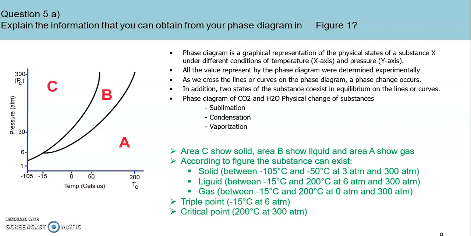So all the values were determined experimentally, and as we cross the line or curve of the phase diagram, a phase change will occur. So from C to B, from B to A, everything will involve energy, and the phase change will occur.